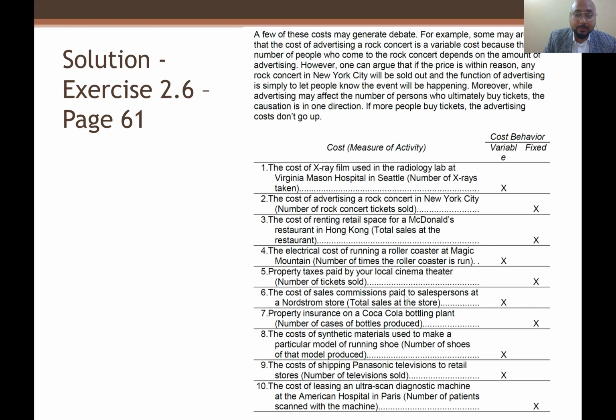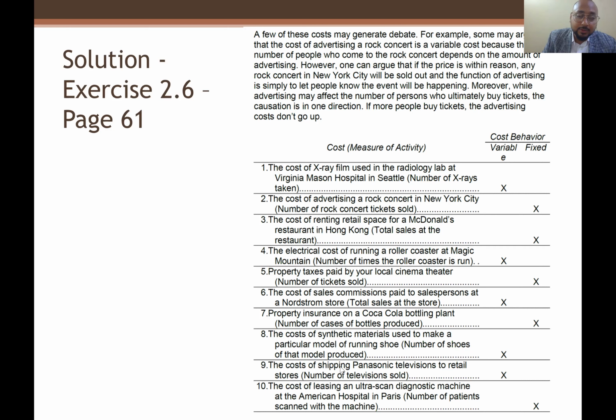Sixth, the cost of sales commission paid to salespeople at a Nordstrom store. Based on total sales at the store, of course, commission paid is a variable cost. Seventh, insurance paid based on the number of cases of bottles produced. The insurance cost has nothing to do with the output, that's why it is fixed. Eighth, the cost of synthetic material based on the number of shoes of that model produced. Of course, synthetic material increases with the increase in production.